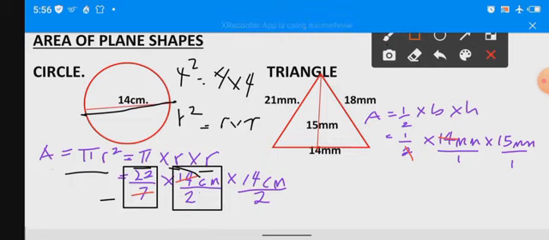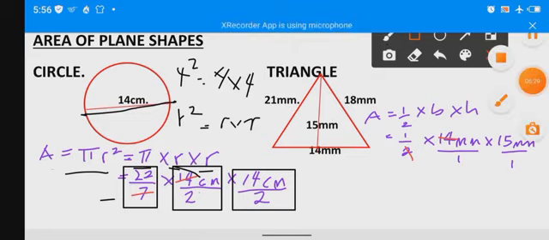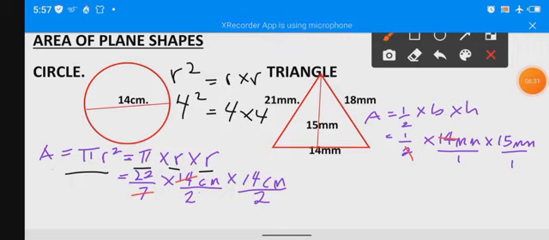We have written 14 centimeters over 2 as r. 14 centimeters is the diameter, not the radius. Now after substituting, we have 22 over 7 for pi and 14 over 2 centimeters for r.